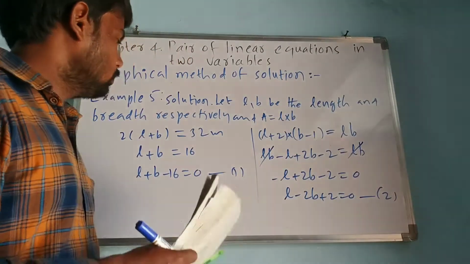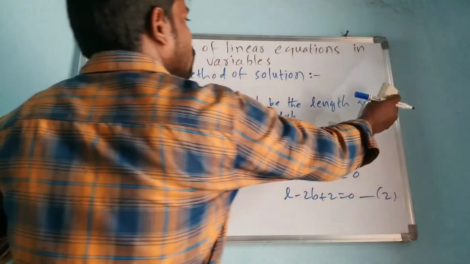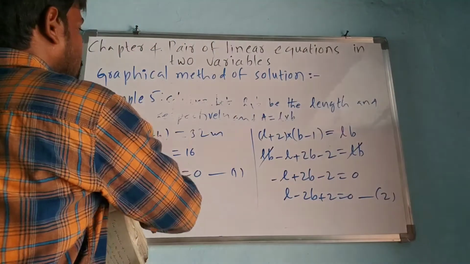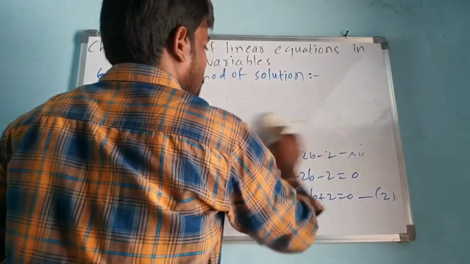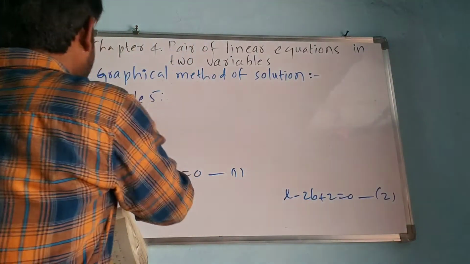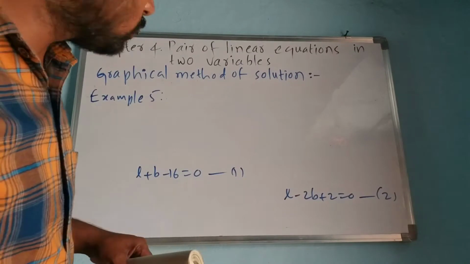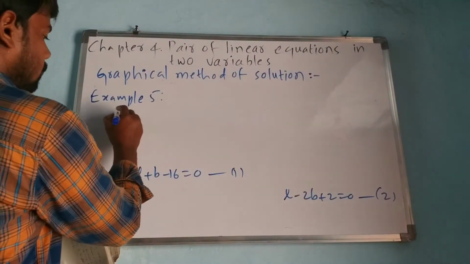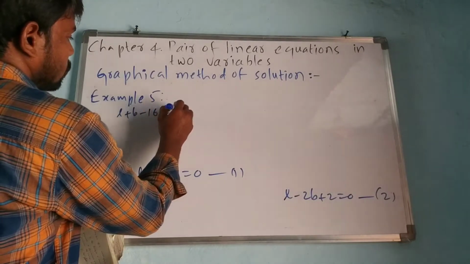So now this is equation 1: L plus B minus 16 is equal to 0.